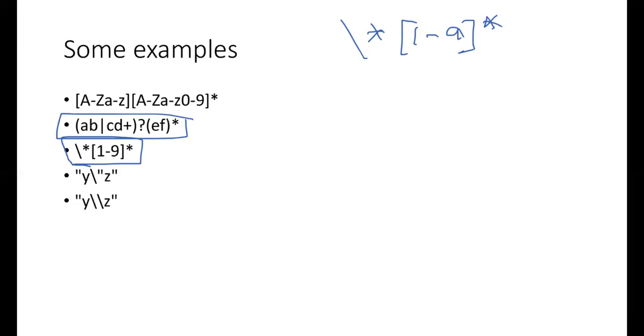Backslash, if you recall, is the escape sequence. When the escape sequence appears in front of an operator, that means the operator is occurring as a character, and it is not occurring as an operator. Star is occurring as a character.